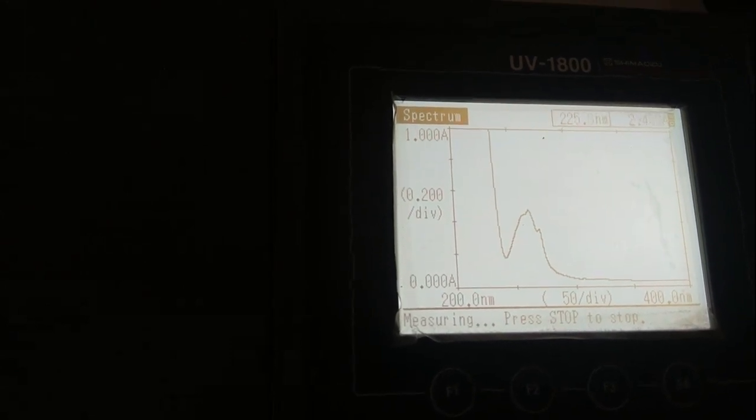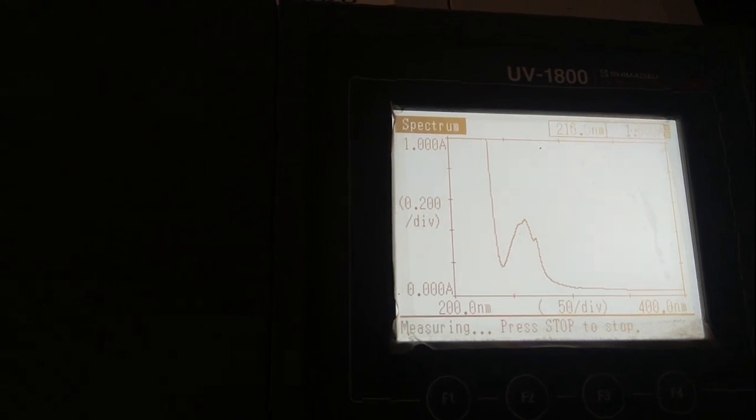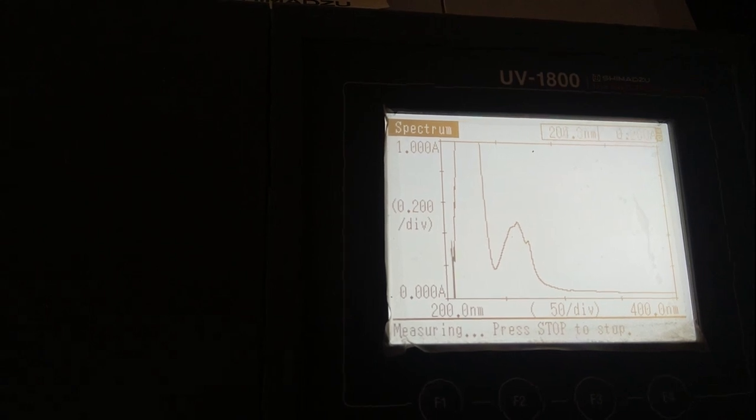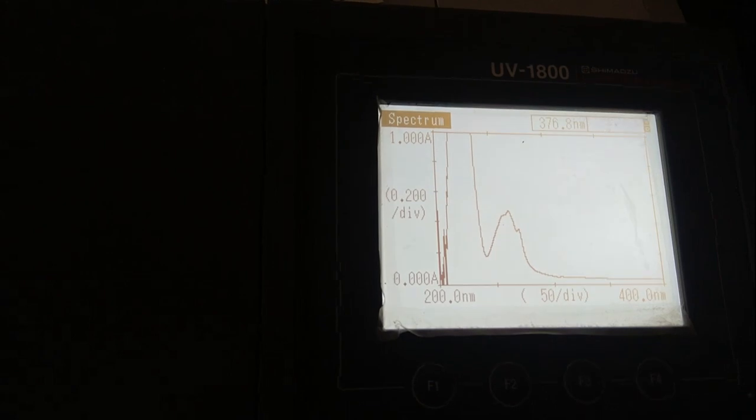You can see we have got some absorbance. Okay, so the scanning has been completed now.